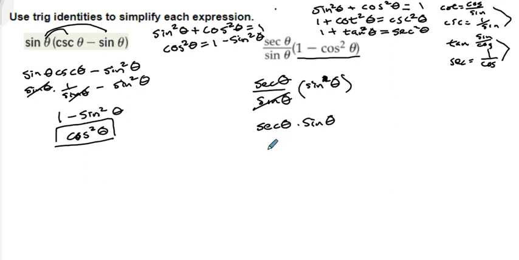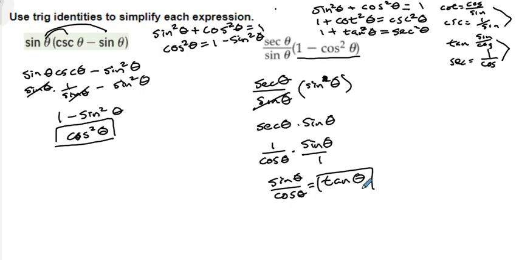Secant of theta, if you remember, is 1 over cosine theta. And sine of theta is already written in our basic building blocks. So what you wind up with when you multiply these together is sine of theta over cosine of theta, which is how we define tangent. So that whole thing simplifies down to tangent theta.